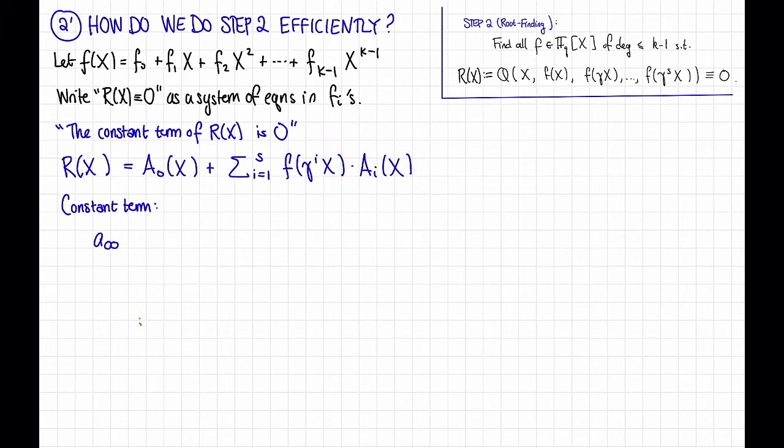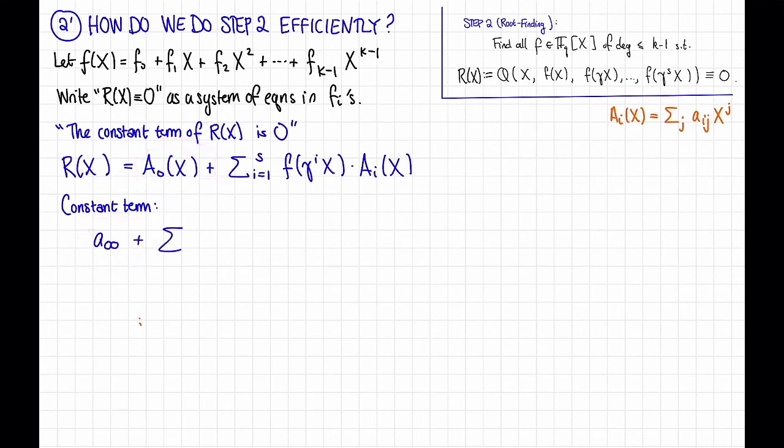Here I'm using the notation that ai of x is going to be equal to the sum over j of aij x to the j. So going back over here, the constant term of this is a0, 0.